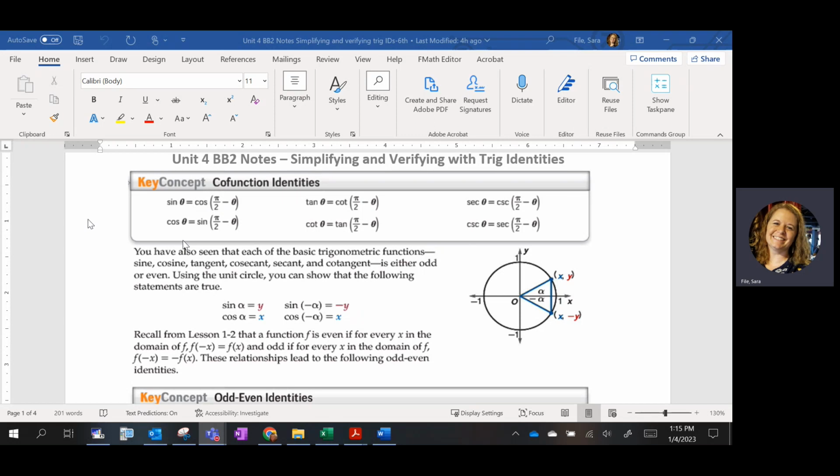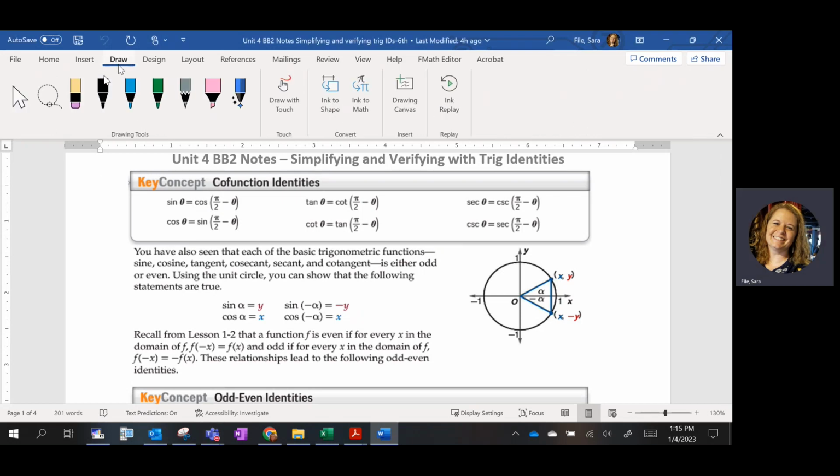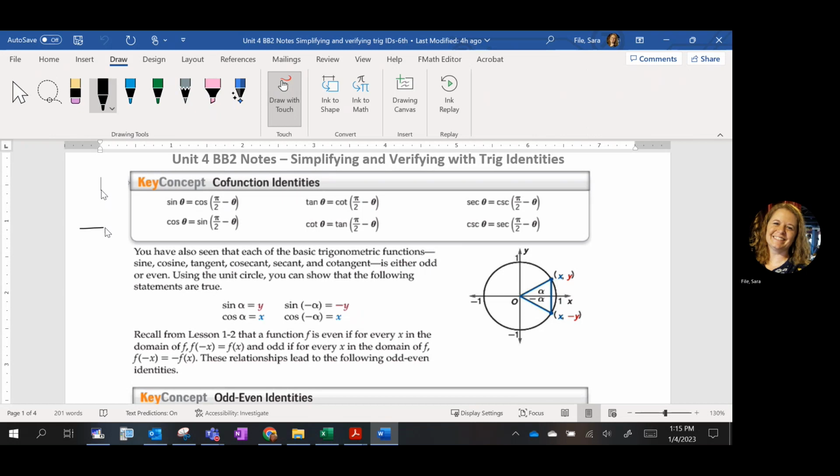So if you think back to your basic right triangle trig, let's say this angle is theta. And let's say this is a 3, 4, 5 triangle, just for ease.